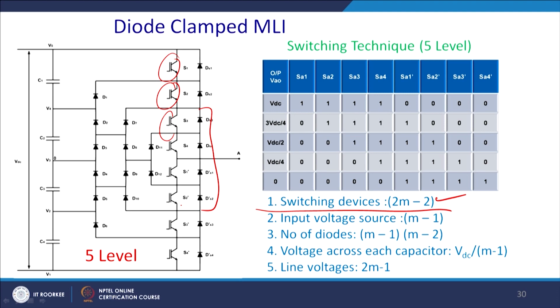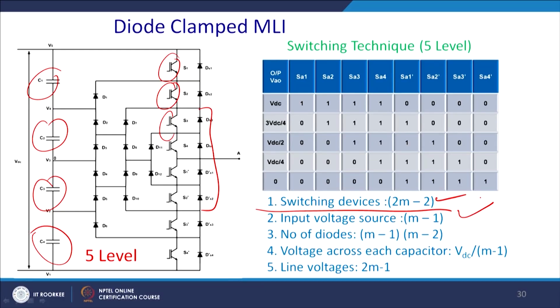The number of voltage sources required in this case is basically capacitors. Here there are 4, so that should be m minus 1. But the problem lies with the number of diodes, and it is increasing obnoxiously.